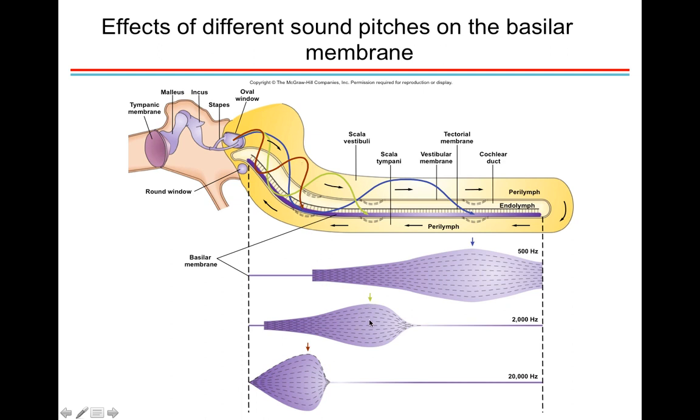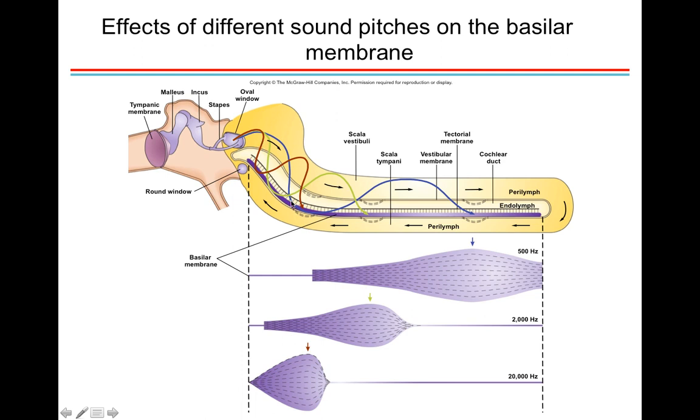Now, if we look at a 2,000 hertz sound, the vibration is going to go further in distance down the vestibuli, right? And then the perilymph will put pressure on the endolymph. It'll deform the hair cells, which will trigger action potentials. And then if we look at the 500 hertz, which is the lowest frequency sound, shown in blue, it's going to hit further down.